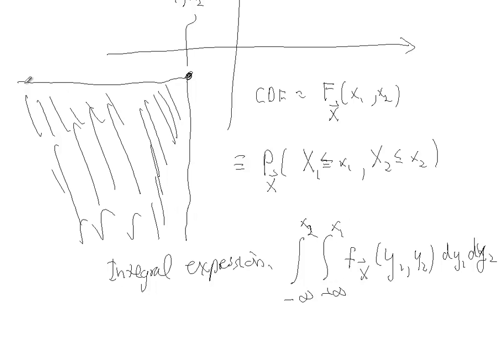You're integrating in the horizontal direction from minus infinity to x1, and in the vertical direction from minus infinity to x2. And you're finding this area here, the lower quadrant corresponding to this particular value of my two-dimensional random variable. So that's your expression, that's where it comes from.